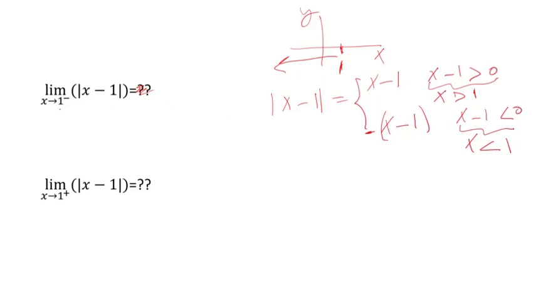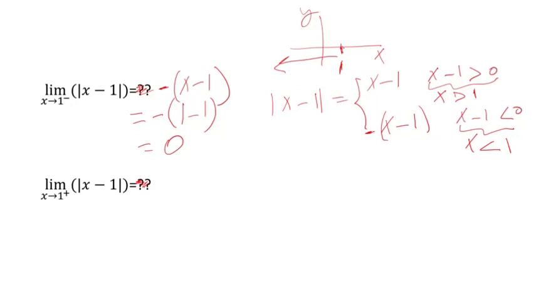So 1 minus means x is less than 1, which means this case here. So I'm just going to write minus x minus 1, then replace x with 1. So it's just 0.